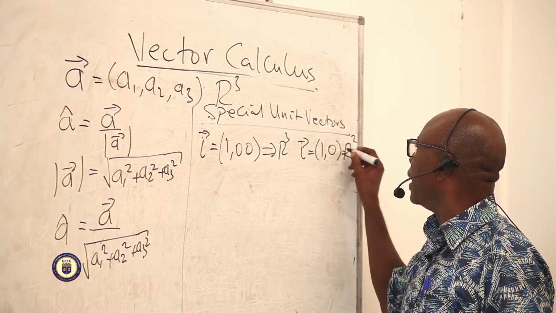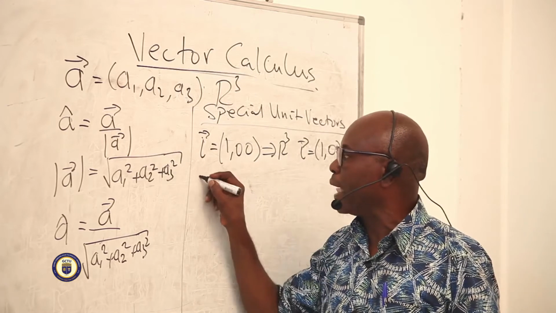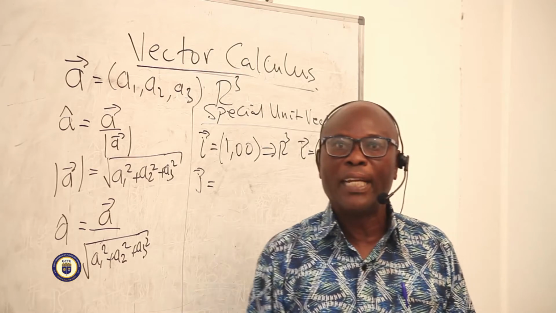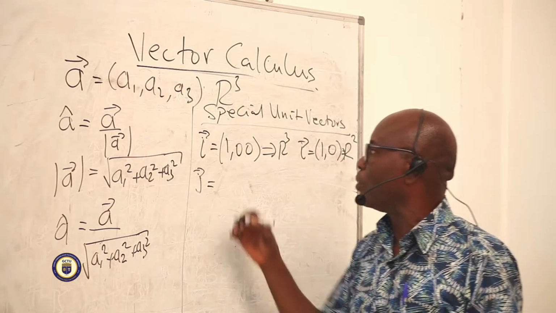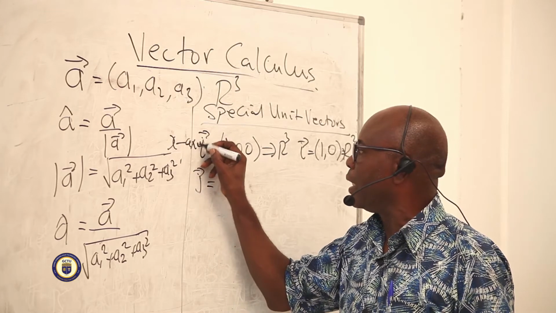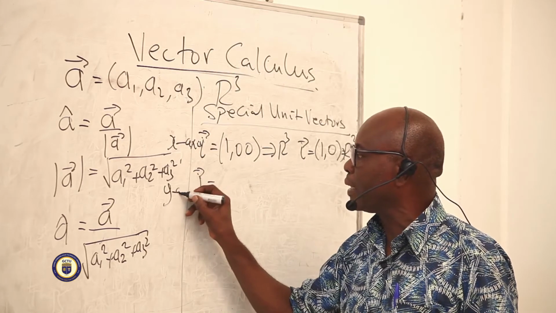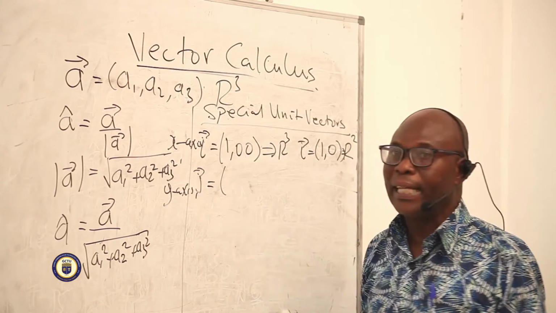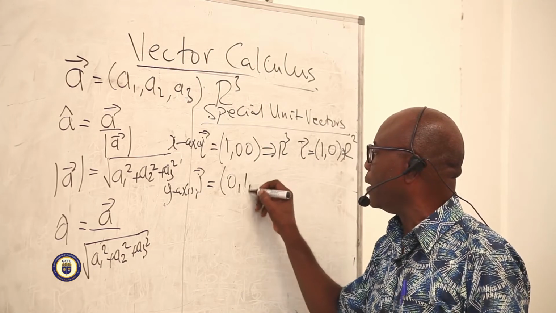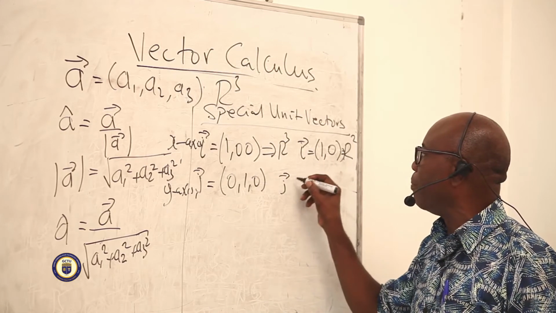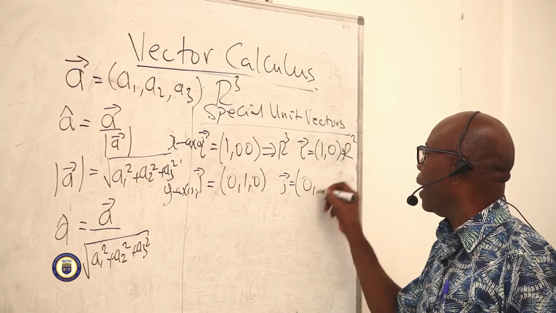Then we have vector J, which represents the vector on the y-axis. For 3 dimensions J is 0, 1, 0, and for 2 dimensions J becomes 0 and 1.